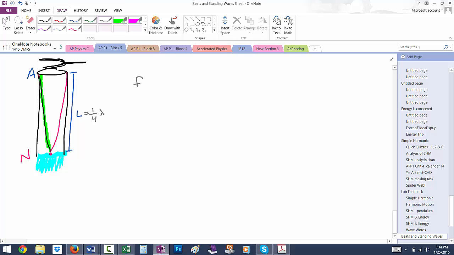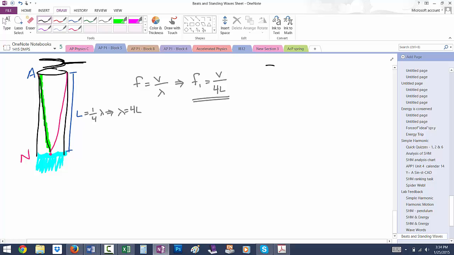In this case, f, which again equals v over lambda, same relationship that we had before, f now equals v over 4L. So if we solve this for lambda, that's 4L. Okay, so right here we've got something that is very different. It's got a 4 instead of a 2 in the denominator.